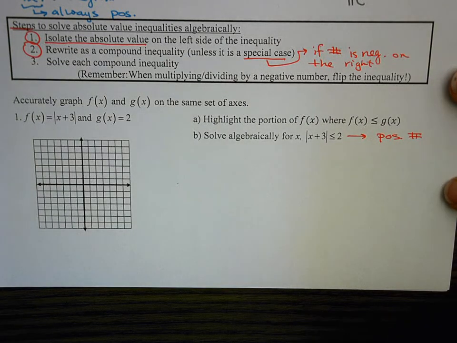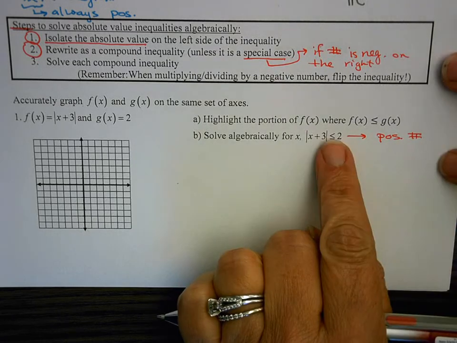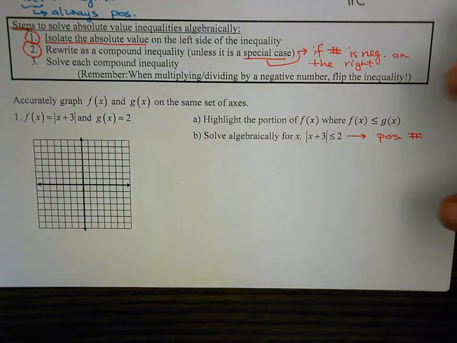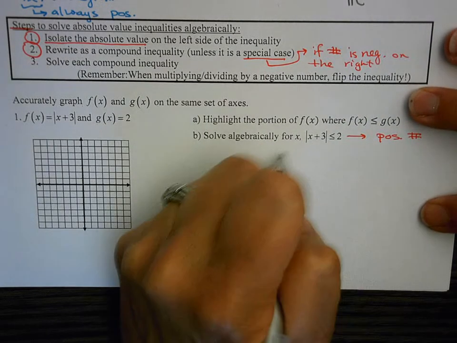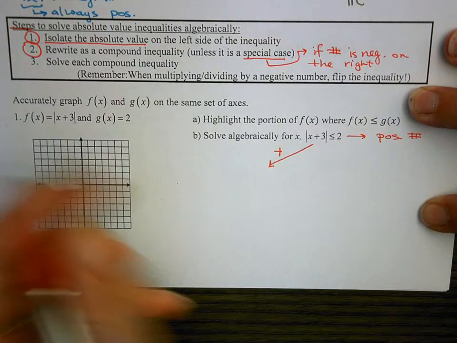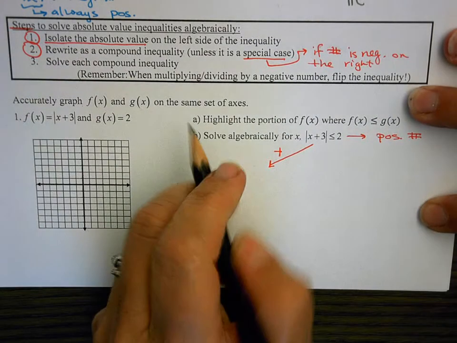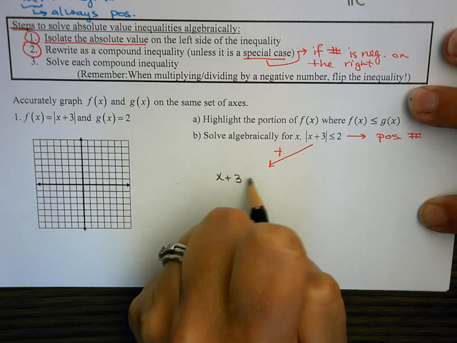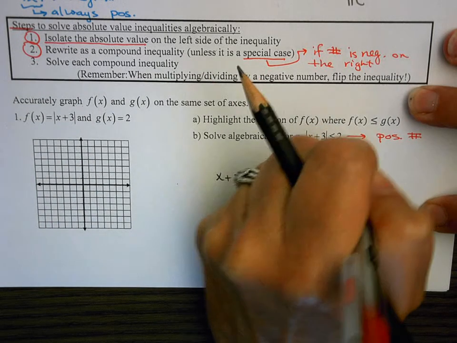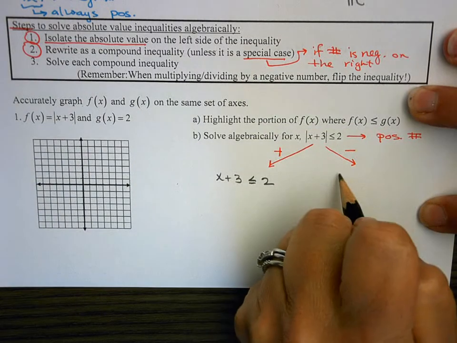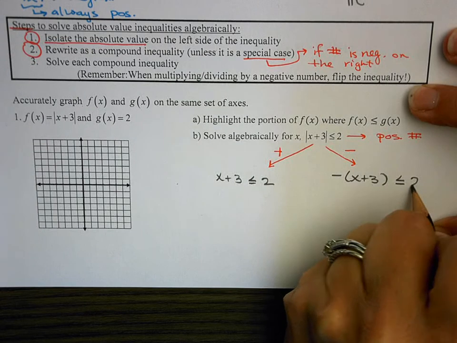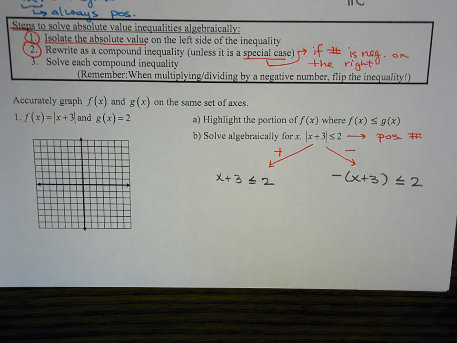Just like before, if this is a positive number, we know we're going to have our 2 solutions, and so then we have to create our 2 equations. This is just like objective 2. So I'm going to create my 2 equations here. I'm going to have my positive version, and then I'm going to have my negative version. Right? So this is just like objective 2, at least how we get started.